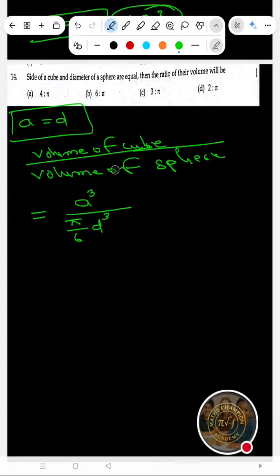Here a cube and d cube both are equal, so we can write a cube by pi by 6 a cube. So this a cube gets cancelled, the 6 will come upward, 6 by pi, so the ratio is 6 is to pi. So which option is there?